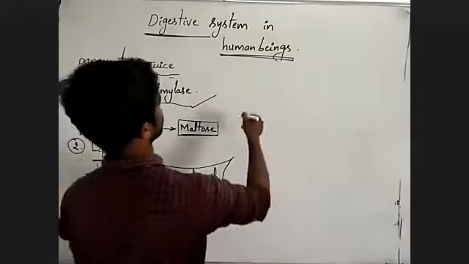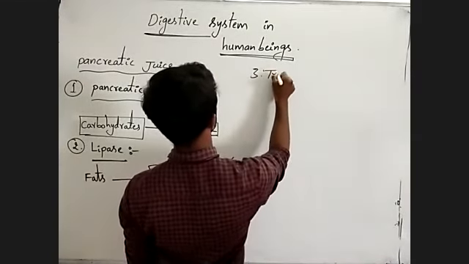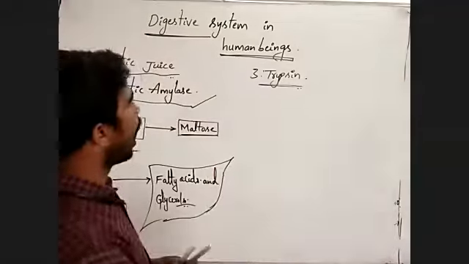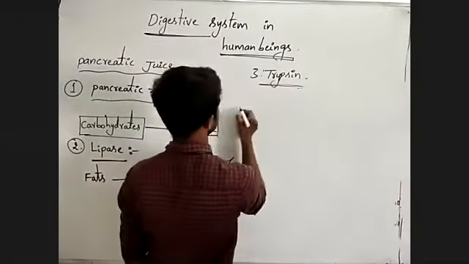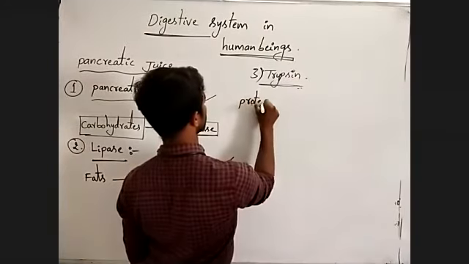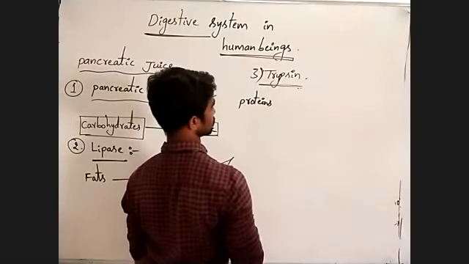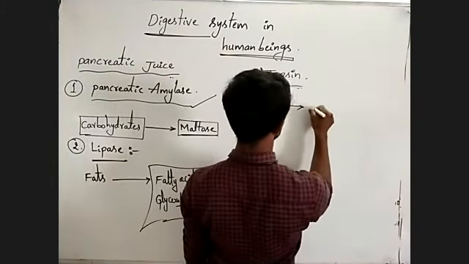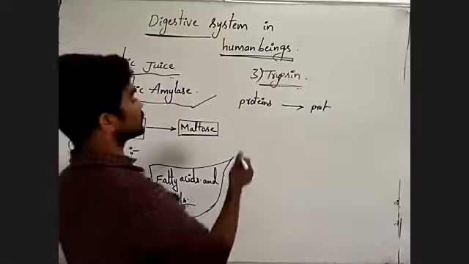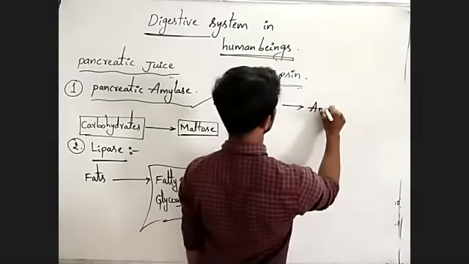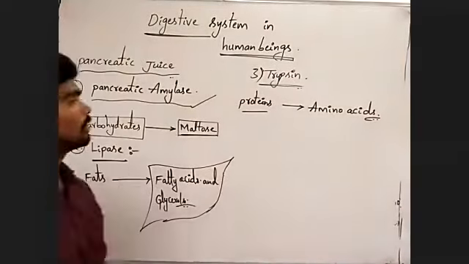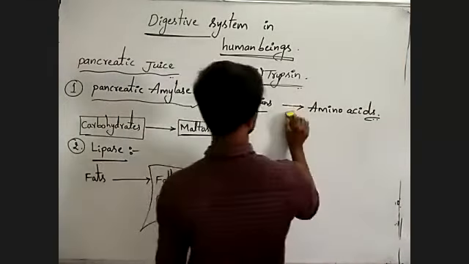Next, trypsin. They act on the proteins, but here amino acids are not produced.